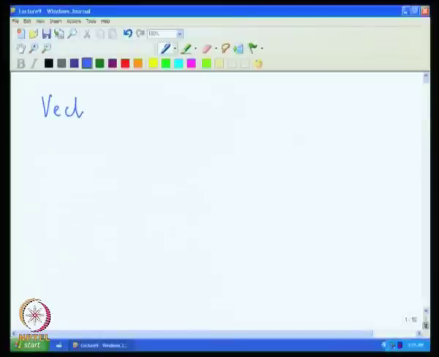In the last lecture, we saw what is meant by a vector space.